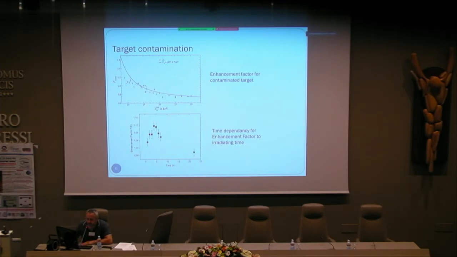For example, on the graph here, Konrad already showed it, but I will repeat that after a few hours of irradiating our target, a less than monoatomic layer of contamination, such as oxygen or carbon, appears on the surface of the target, and it actually enhances our enhancement factor, as it changes the surface of the target in such a way that the electron effective mass is higher at the surface, and the reaction is enhanced.